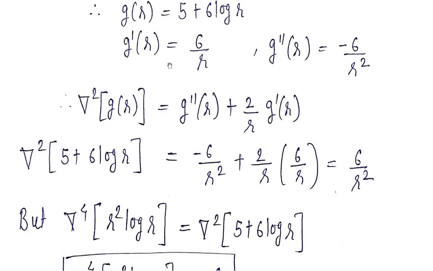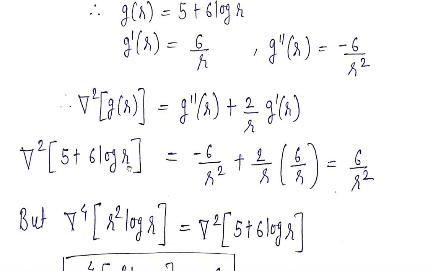Now we want g dash of r. G dash of r means the derivative of 5 is 0 and the derivative of 6 log r is 6 by r. Then g double dash of r means the derivative of 6 by r, which is minus 6 by r square. By using that property, del square of g of r is equal to g double dash of r plus 2 by r into g dash of r.